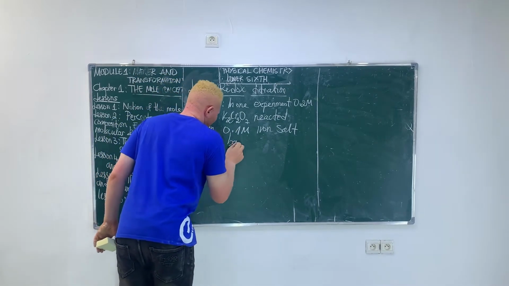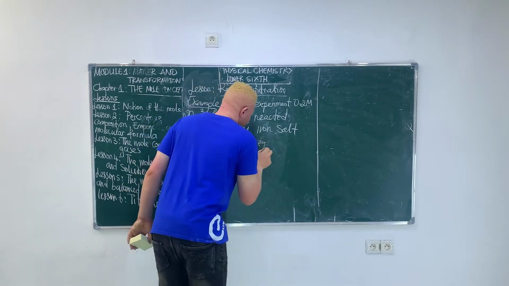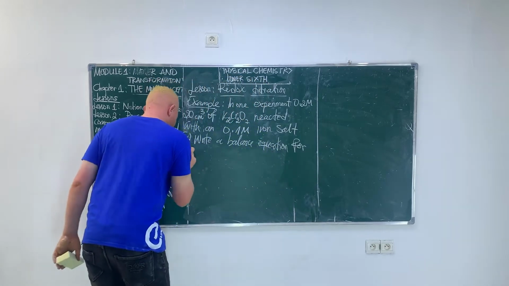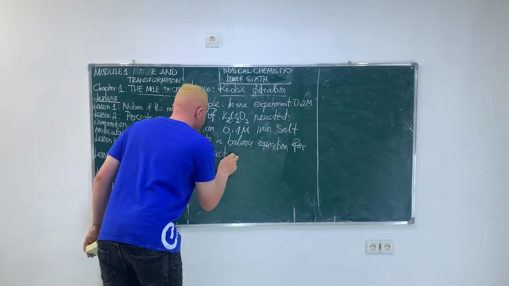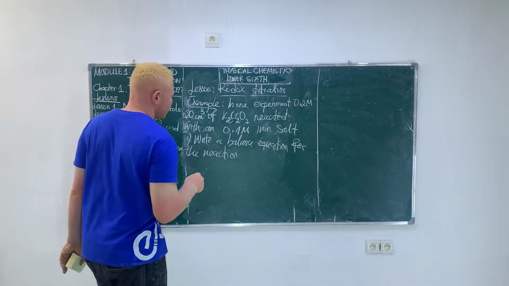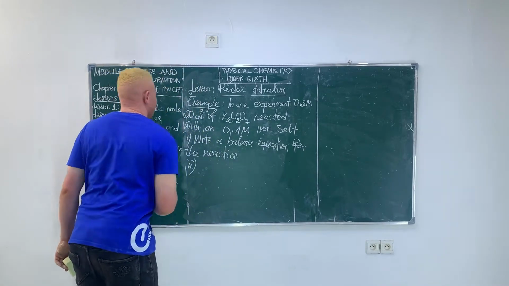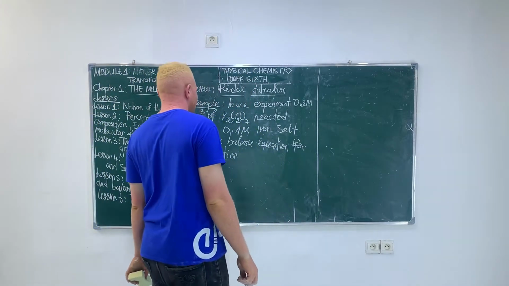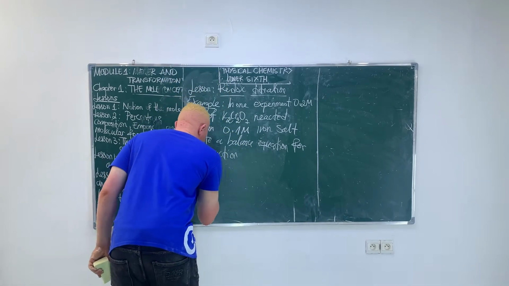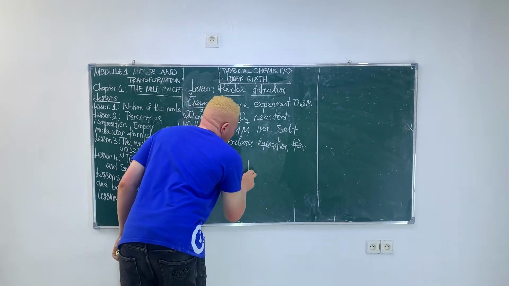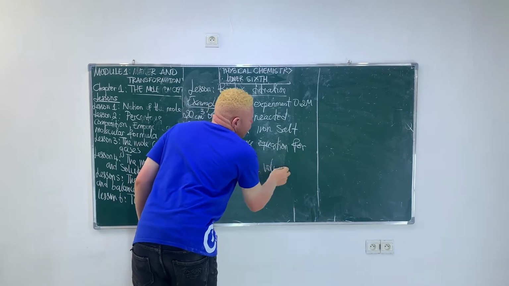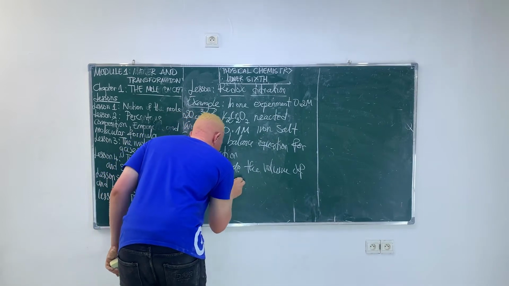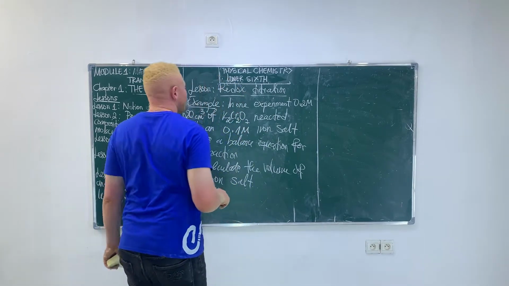Write the balanced equation for the reaction, and calculate the volume of the iron salt.